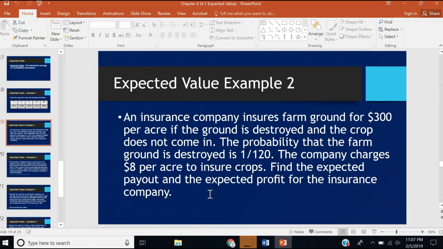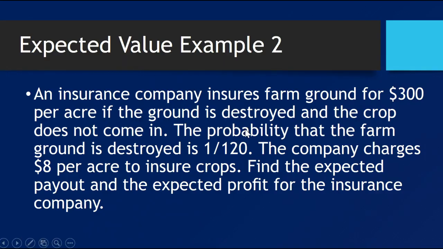Those two options of paying out $300 versus paying out $0 could happen, but they don't have equal likelihood. Obviously, the probability that the farm ground is destroyed is 1 in 120.